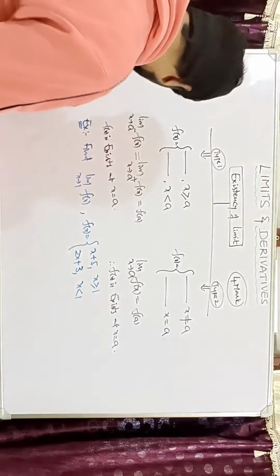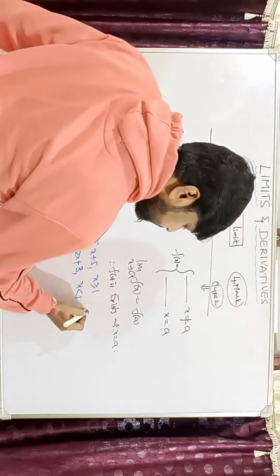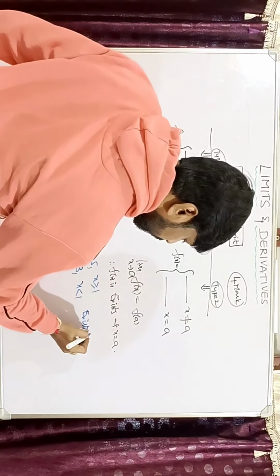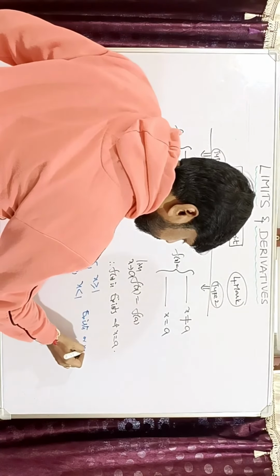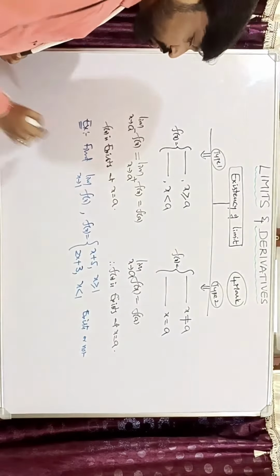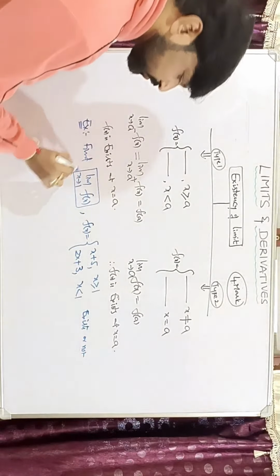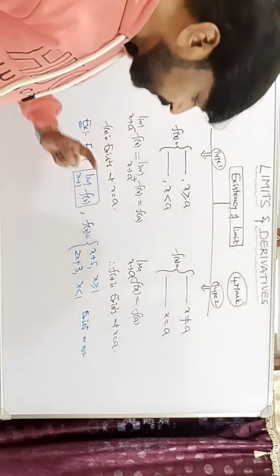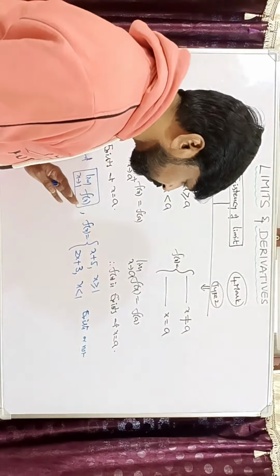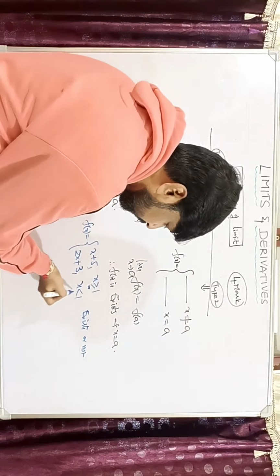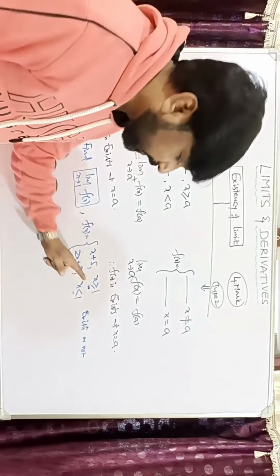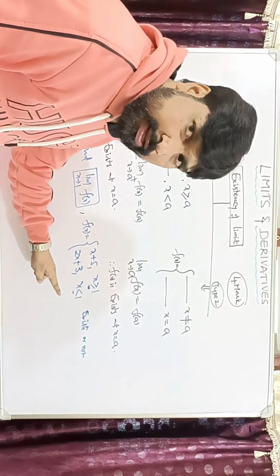Does the limit exist or not? This is the question. They are going to give limit x tends to 1 f of x. But first of all, you need to identify whether it is type 1 or type 2. Greater than less than model. Clear?